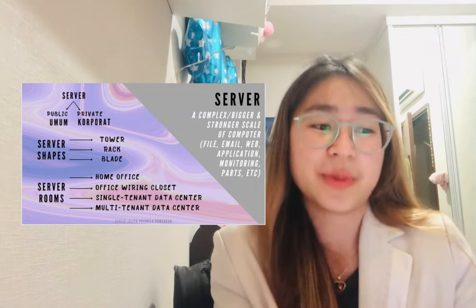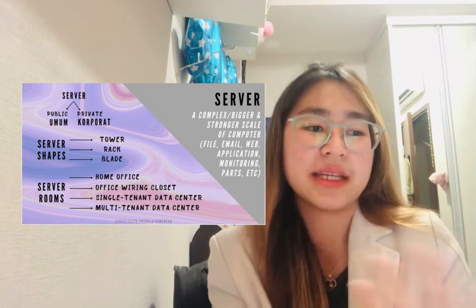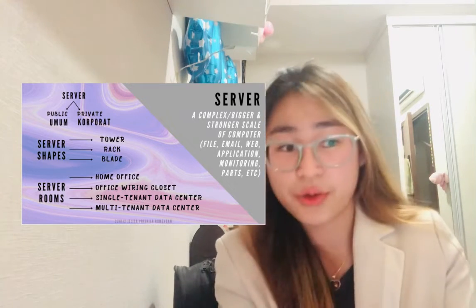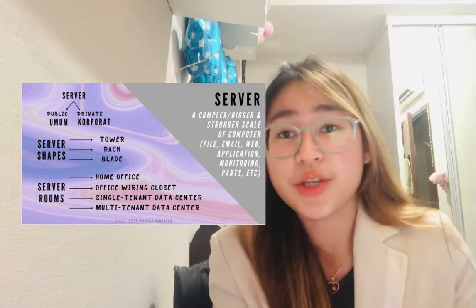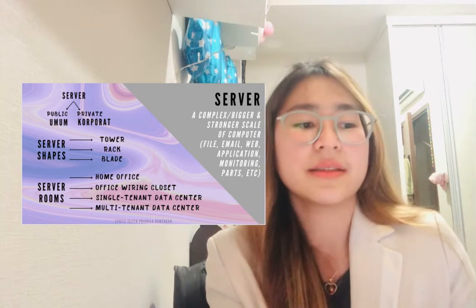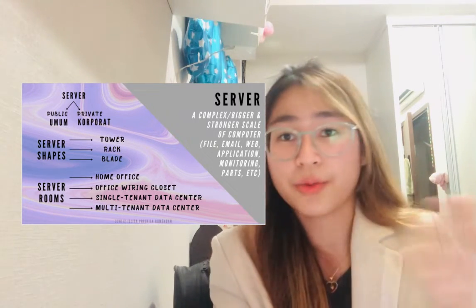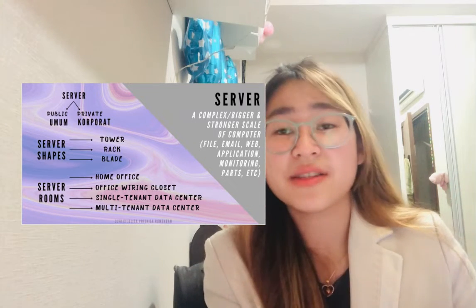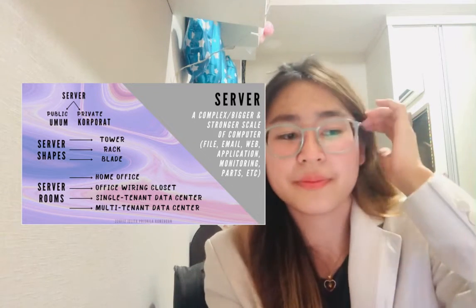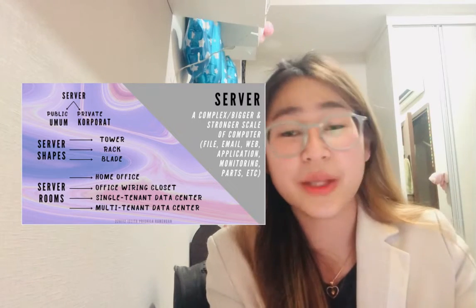That is the difference between single and multi-tenant. In the single, the room is yours, so you can use it however you want. But in the multi-tenant, it is not your room, you just rent it, so you have to adjust the server to the room.